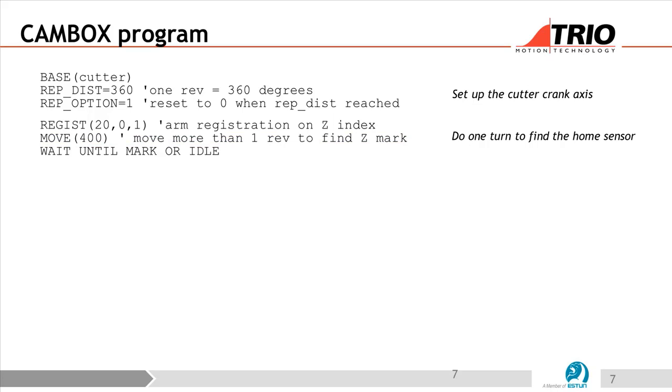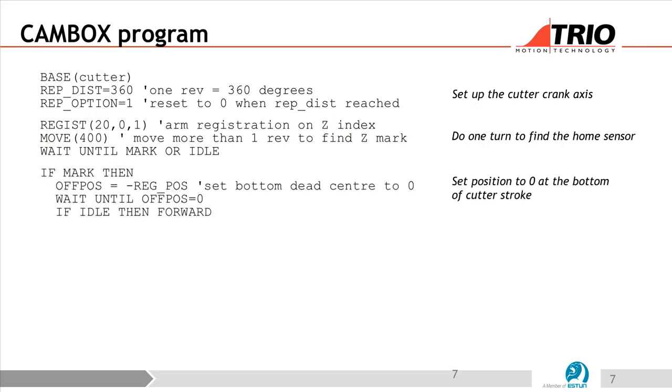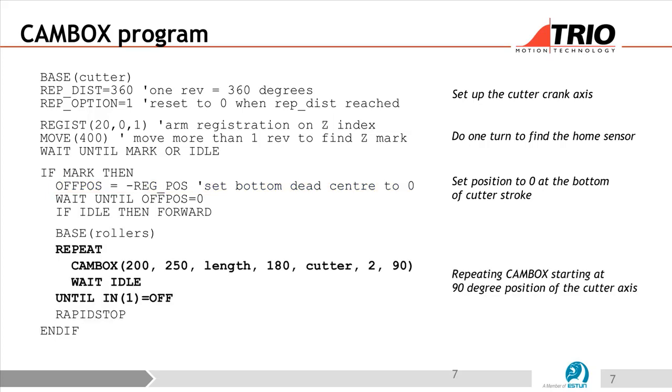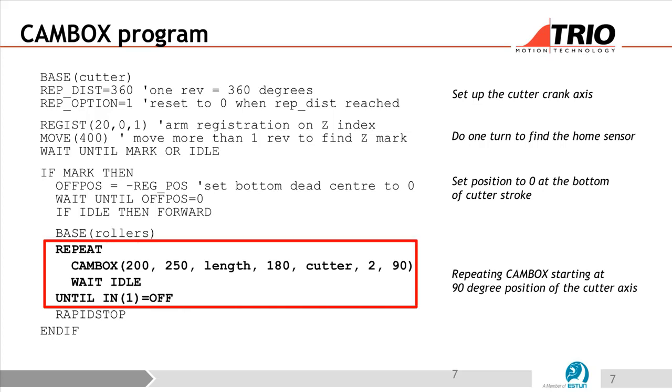So it finds the Z index on the encoder, and then if it does find it, does an off pos to set the 0 position of the axis, and then starts a forward to start that cutter going up and down, and then the bit that does the actual movement is just those 4 lines in that repeat loop.